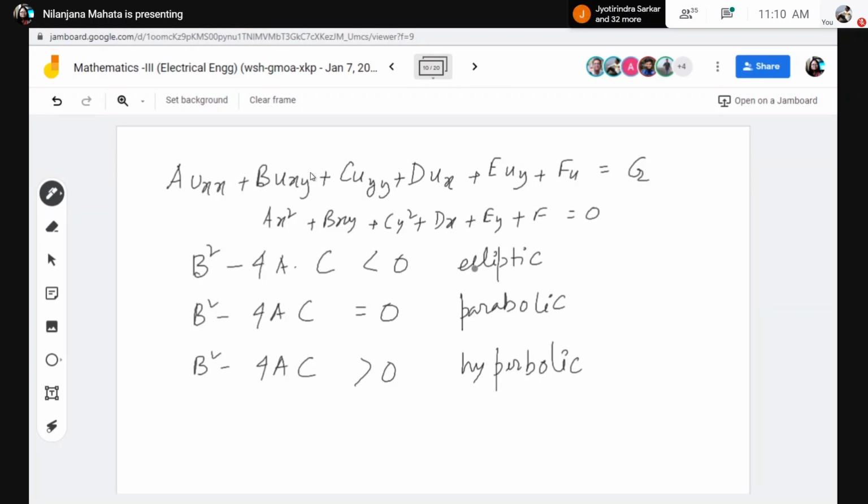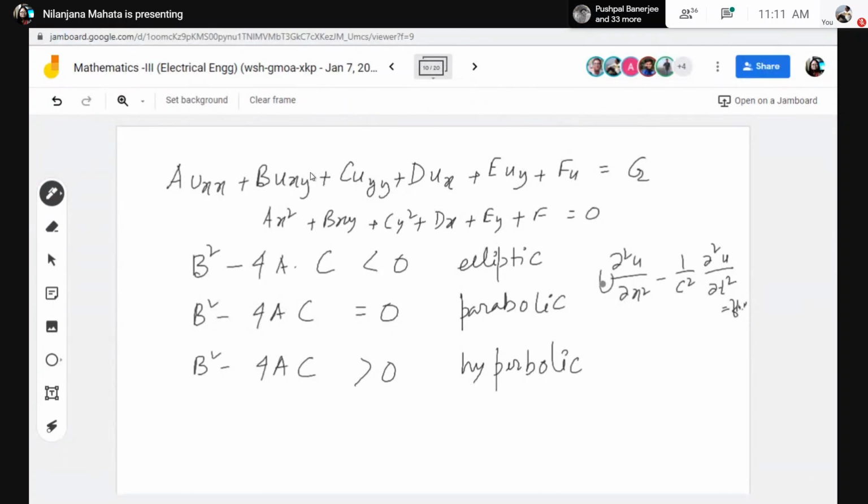Okay, and suppose I am giving you the equation and tell me what is this, del 2 u by del x 2. Suppose this is a function of x and t. You know the coefficient, we can check for the condition and tell me what is this.